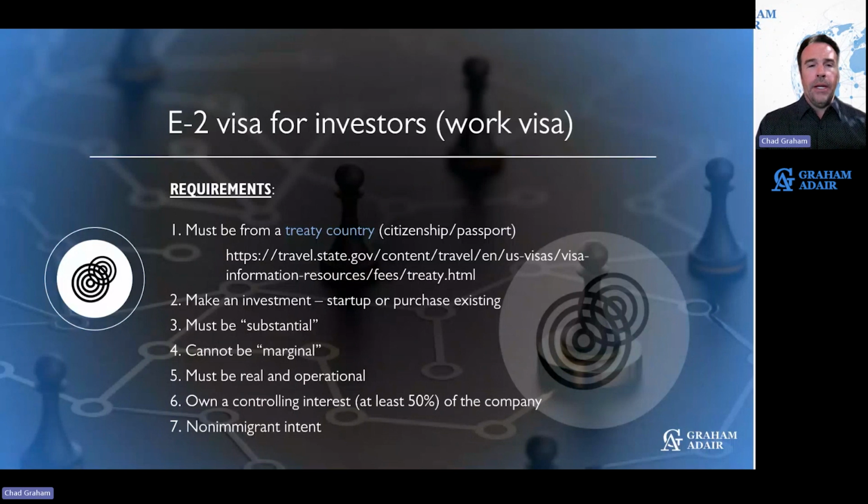The next work permit is the E2, which I would say is as close as you can get to a self-sponsored non-immigrant status. The reason is that the E2 is designed for investors, people who want to come to the United States, invest their own money in an endeavor that they're either going to start themselves, or purchase an existing business and then operate that business themselves, or with partners.